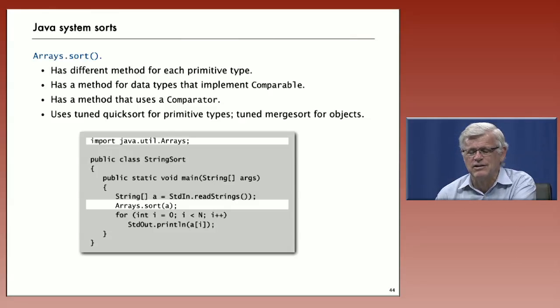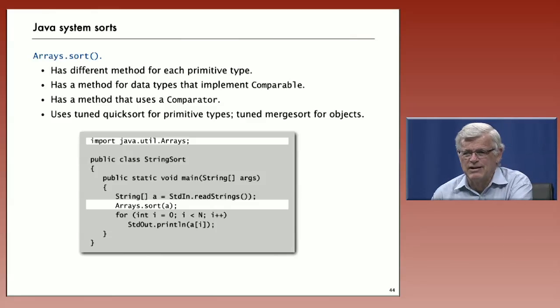It's just the designers' assessment of the idea that if a programmer is using objects, maybe space is not a critically important consideration, and so the extra space used by merge sort maybe is not a problem. And if the program is using primitive types, maybe performance is the most important thing, and so they'll use the QuickSort.